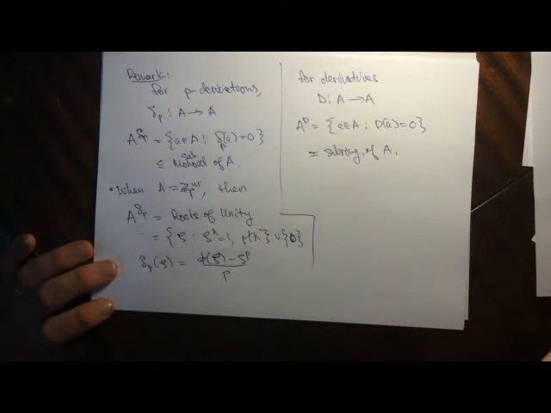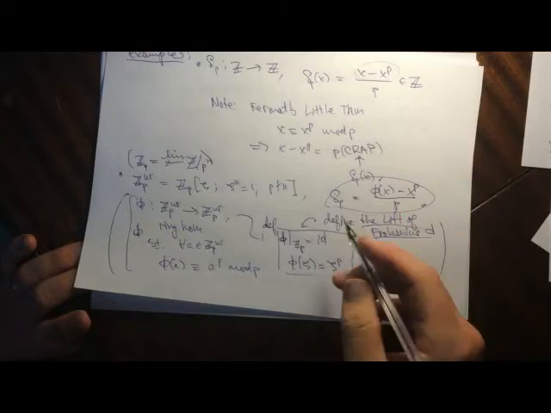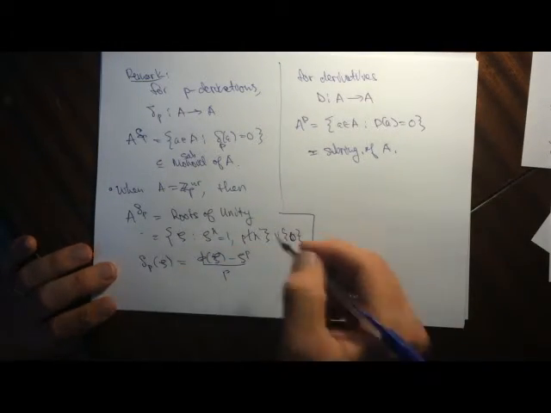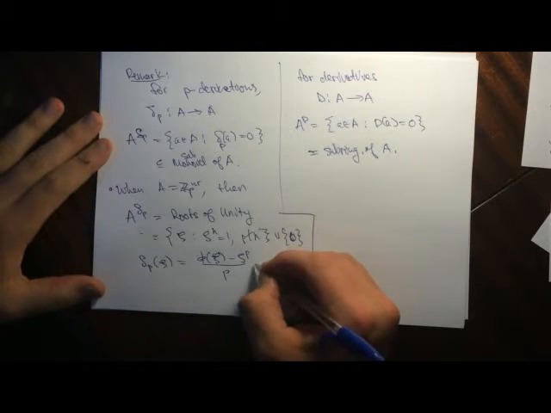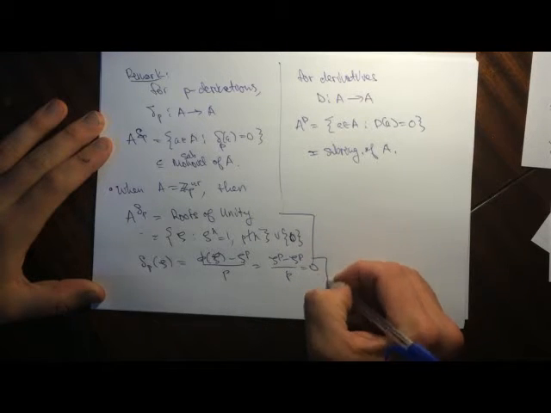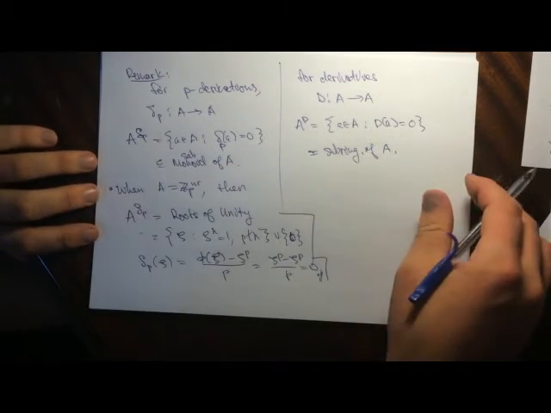And then we had this definition of the lift of the Frobenius here. So this looks like zeta to the p minus zeta to the p, over p, which is 0. Okay, so that's what the p-derivation looks like, and this is actually true in general.